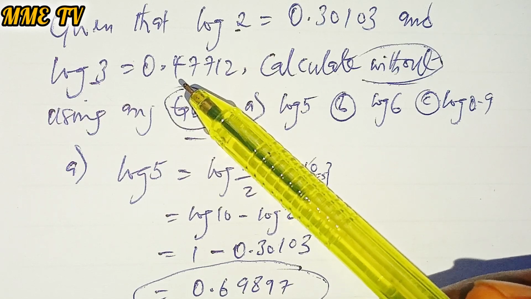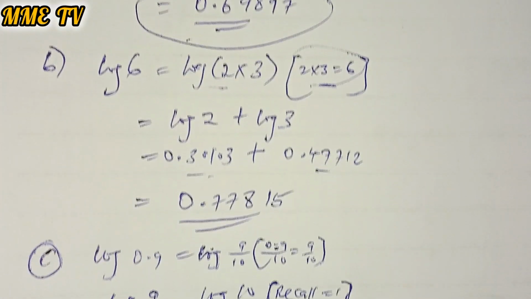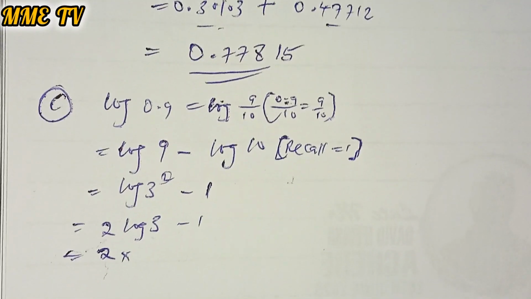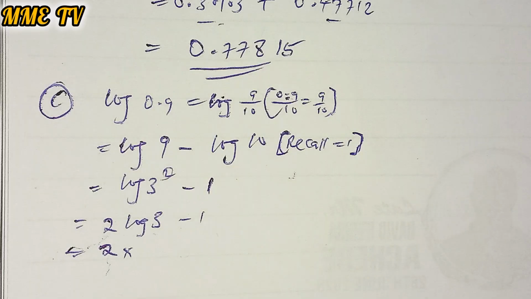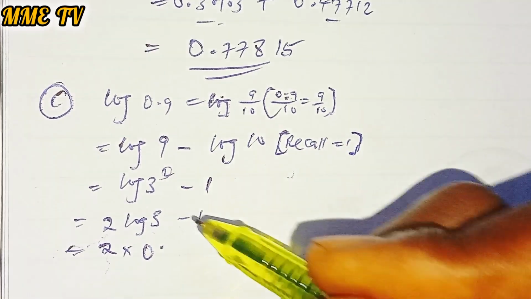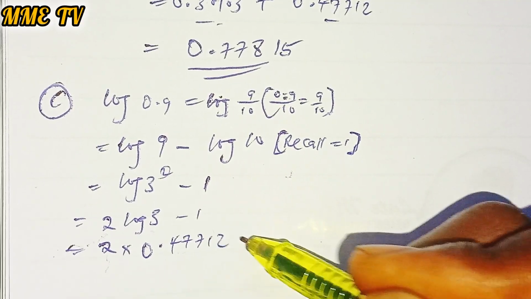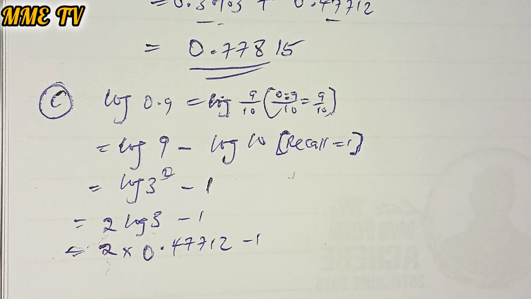0.47712. That is log 3. So therefore, we'll now go down again with that value to say that 2 multiplied by 0.47712 minus 1. What do I do here?